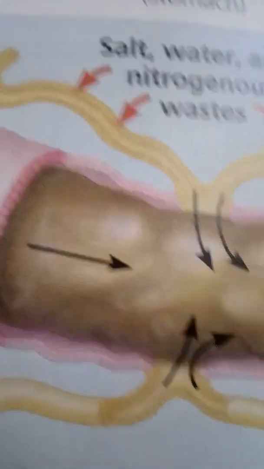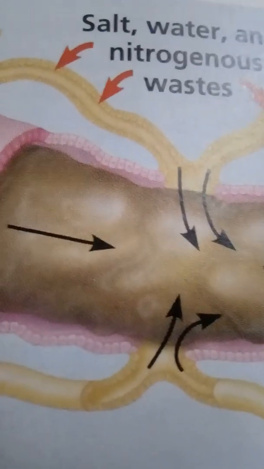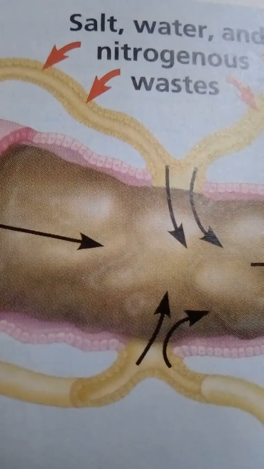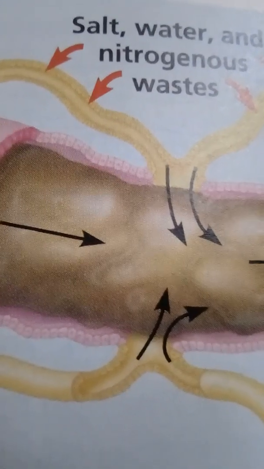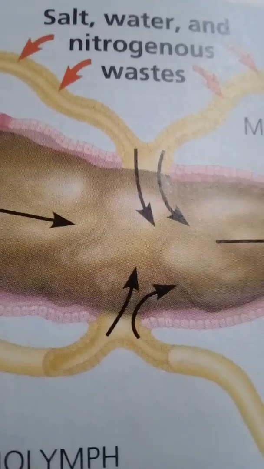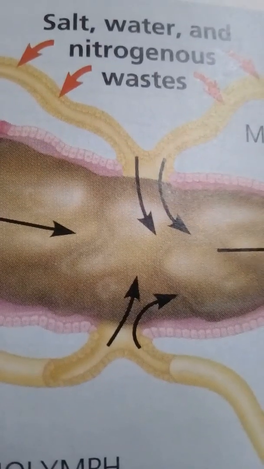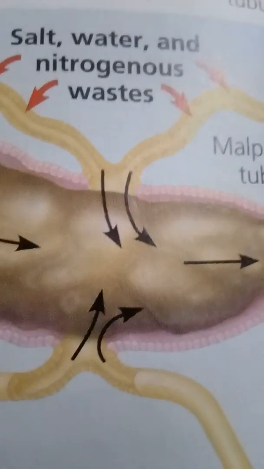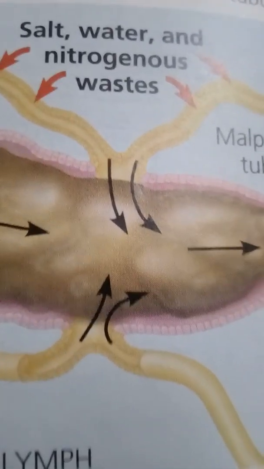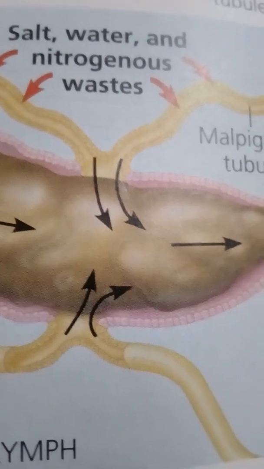The mammalian kidney has two distinct regions, an outer renal cortex and an inner renal medulla. Packing both regions are microscopic excretory tubules and their associated blood vessels. The nephron, the functional unit of the vertebrate kidney, consists of a single long tubule and a ball of capillaries called the glomerulus.